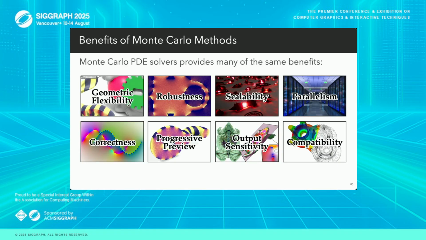So overall, by using Monte Carlo, we end up with a PDE solver, in this case for this very specific problem, the Laplace PDE with Dirichlet boundary conditions, that has all of the same properties that we have come to be using and taking advantage of in the context of Monte Carlo rendering, geometric flexibility. And I'll go through each one of these properties.